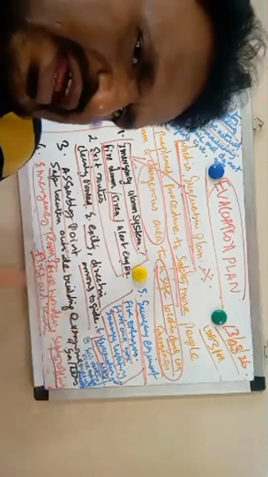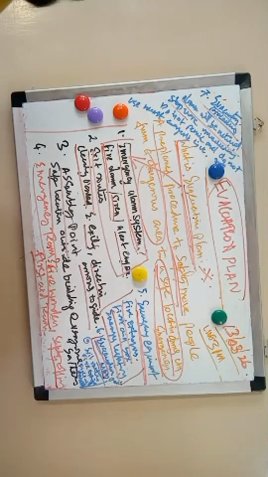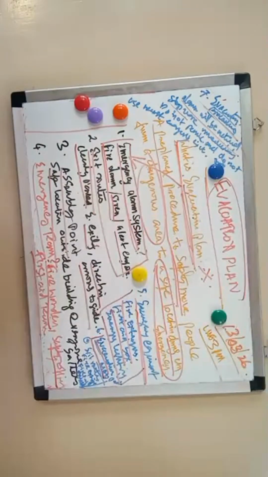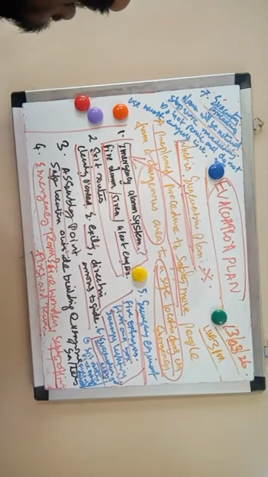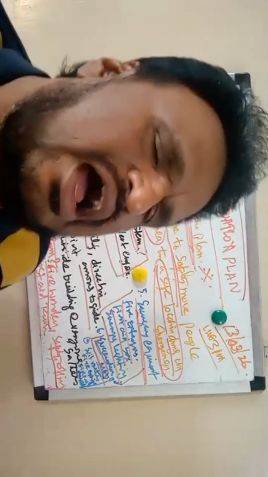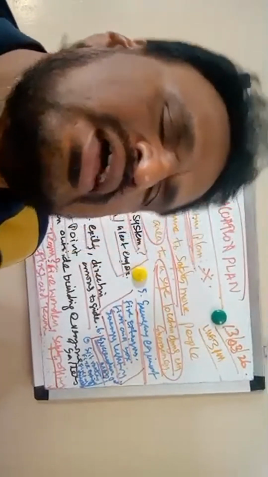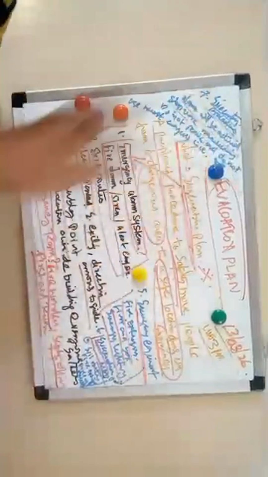In case the bell is ringing, you should not panic. Whatever you are doing, just stop the work and go. Do not panic, do not run, see the emergency exit and go to the assembly point. So that is the major part of the evacuation procedure.